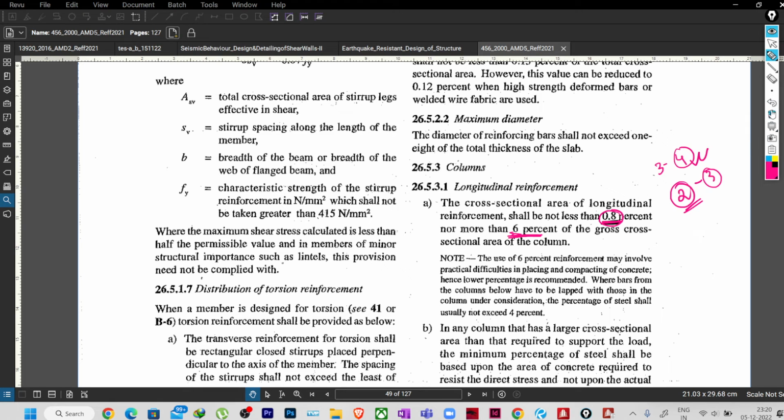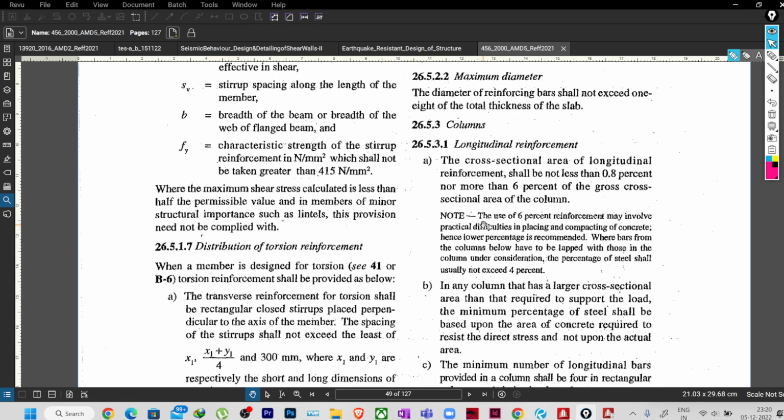Now let us again read this. You can see the use of 6% reinforcement may involve practical difficulties in placing and compacting of concrete, as I said now. Hence, a lower percentage is recommended, where bars from the columns below have to be lapped with those in the column under consideration, and the percentage of steel shall not usually exceed 4%, as I said.